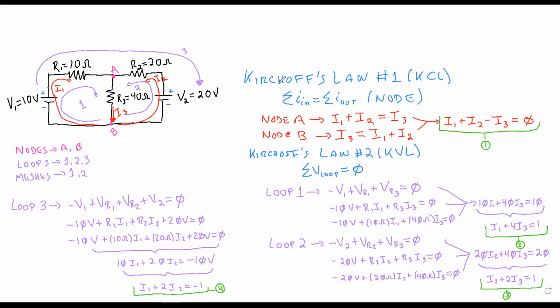Let's see the other equation here. We've got I1 plus 4I3 equals 1. Oh, I don't know if I have to put the multiplication.